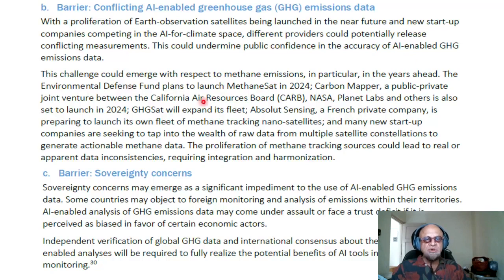This challenge could emerge with respect to methane emissions in particular, in the years ahead. The Environmental Defense Fund plans to launch MethaneSAT, and there are other satellites that I won't go into. So the proliferation of methane tracking sources could lead to real or apparent data inconsistencies requiring integration and harmonization.